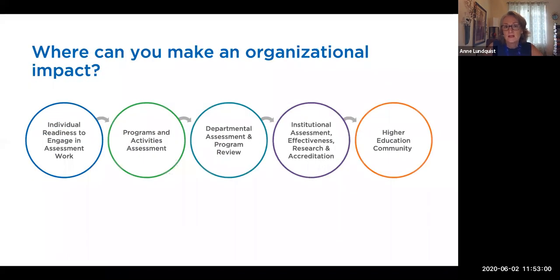And so I think the last piece is thinking, if I'm thinking of myself and my own power and positionality, I'm working on my own awareness, I'm working on exploring my own biases and my own power, where can I make an organizational impact? I may not be able to dismantle the entire structures at the institutional level, but I may be able to just focus initially on my own readiness to engage in the assessment work and the diversity, equity, inclusion work.